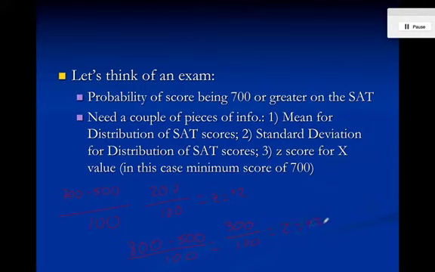You'll notice my z-value gets larger when my score gets larger, because I'm higher above the mean. As my score continues to increase from 700 to 800 to 900, my z-score is also going to continue to increase because I'm getting further away from the mean in terms of standard deviations. In this case I'm only 2 standard deviations above the mean. Here I'm 3 standard deviations above the mean.